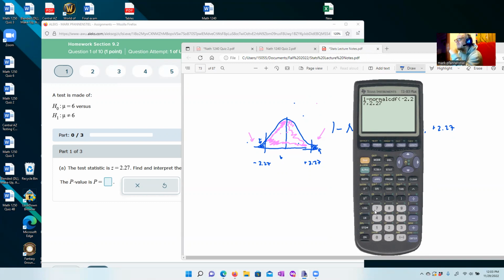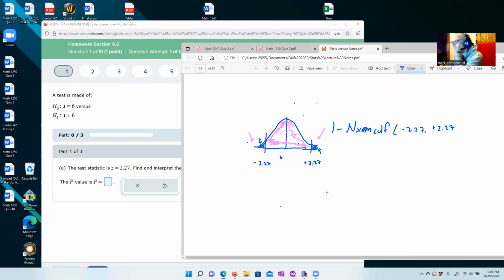The reason I'm doing it this way is because we don't need to deal with big numbers or little numbers. We used Z, and Z is always the standard normal. So if they use Z, we know it's normal. The mean is equal to 0 and the standard deviation is equal to 1. If they use X, then we have to type in the mean and the standard deviation.